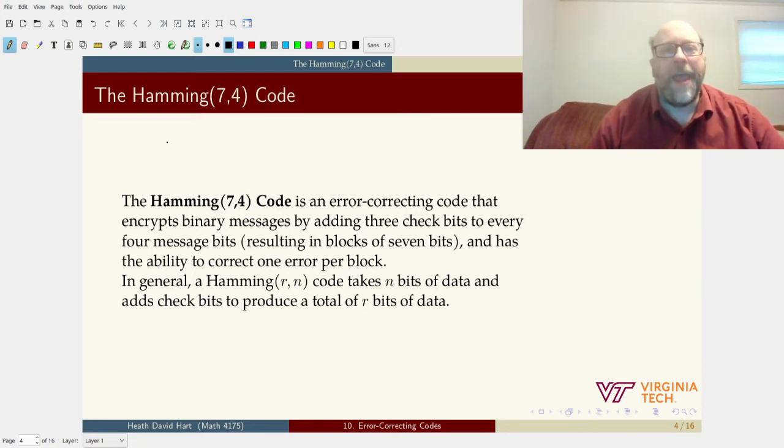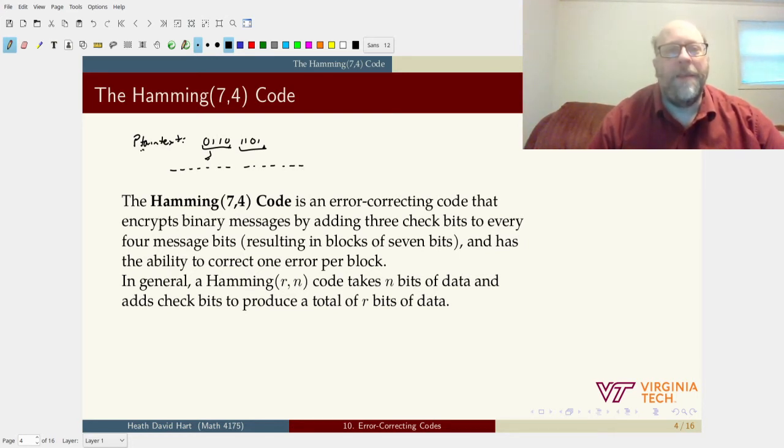And so if my plaintext has 8 bits in it, 0, 1, 1, 0, 1, 1, 0, 1, for example, it will take these 4 bits and encode them, but pad them out to a length of 7. And then it'll take these 4 bits and encode them, but pad them out to a length of 7.